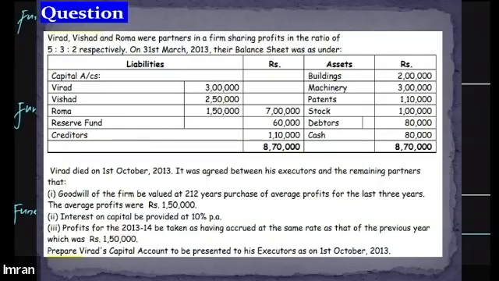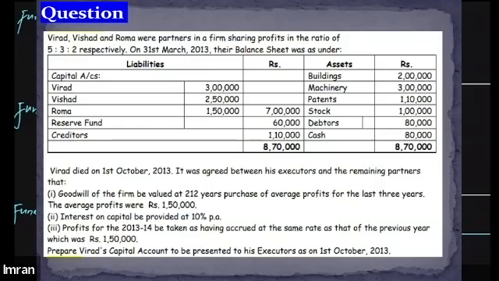Interest on capital to be provided at 10% per annum. Profit for 2013-14 to be taken as having accrued at the same rate as that of the previous year, which was 1,50,000. Prepare Virat's capital account to be presented to his executor as on 1st of October 2013.